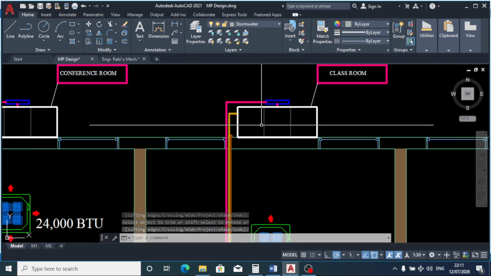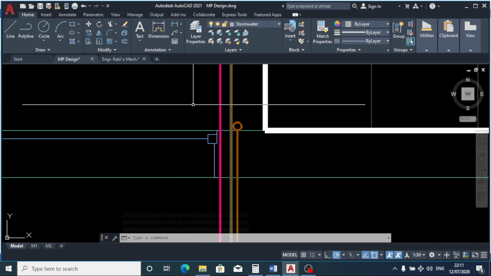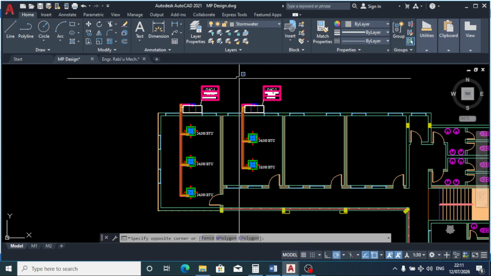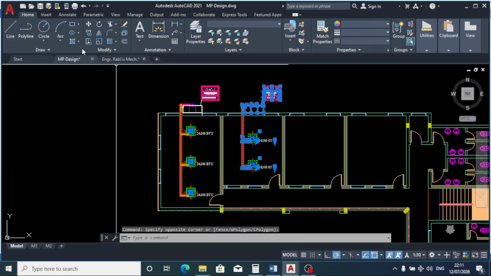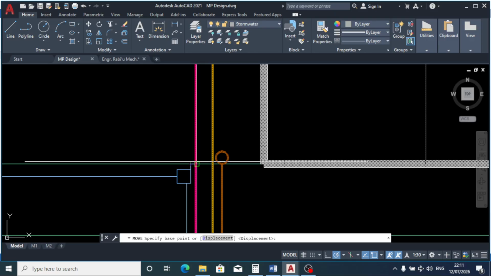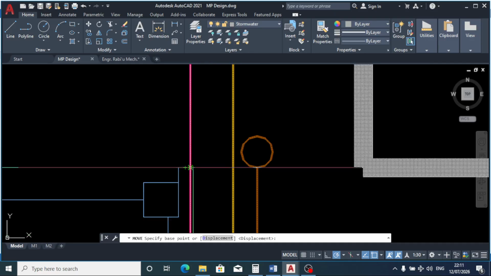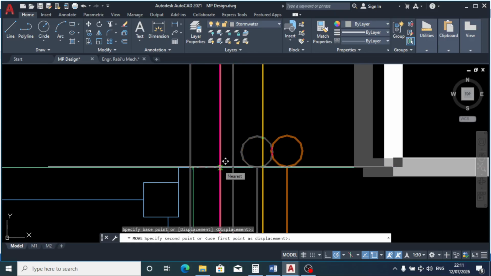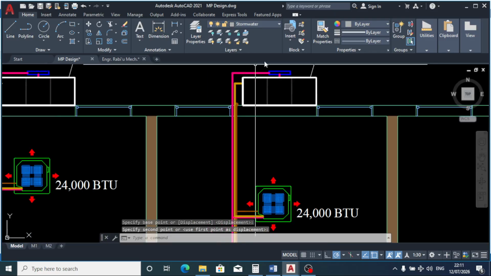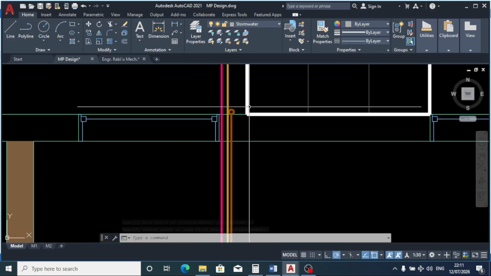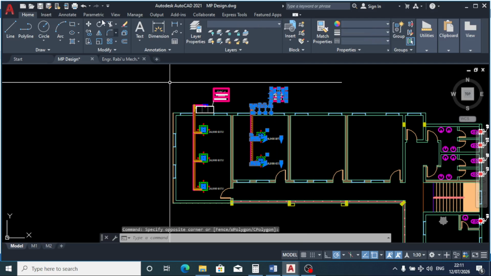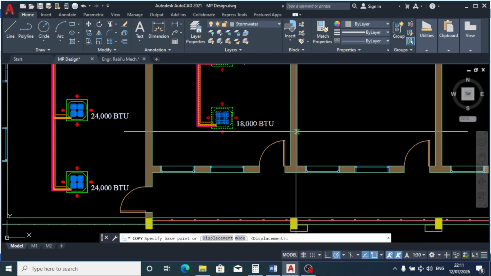It's not going back to the outdoor unit, remember? Just to take it away from the window. All right, now we can copy this with reference to this door.